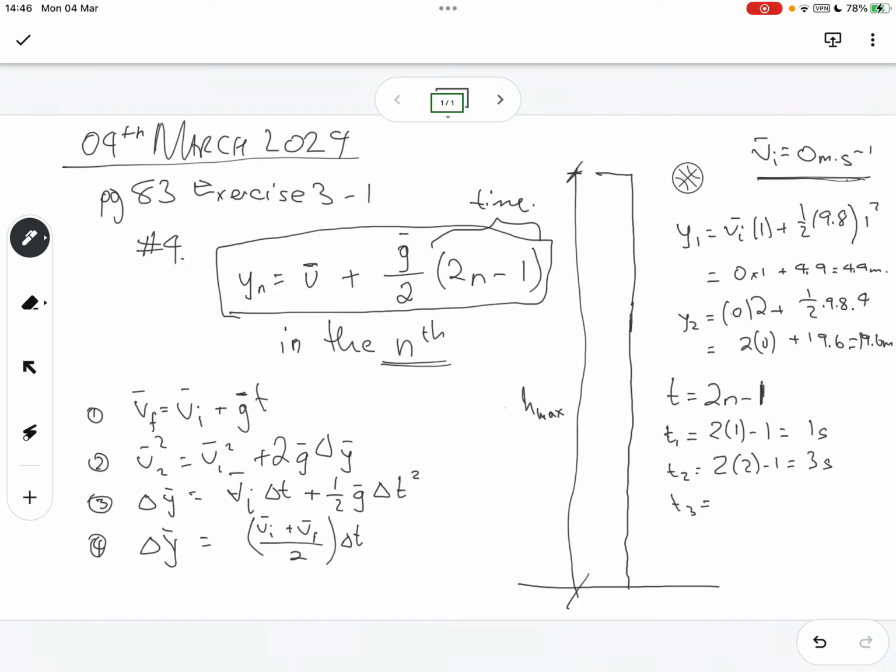At 2 seconds, it's 2 times 2 minus 1, which is 3 seconds.